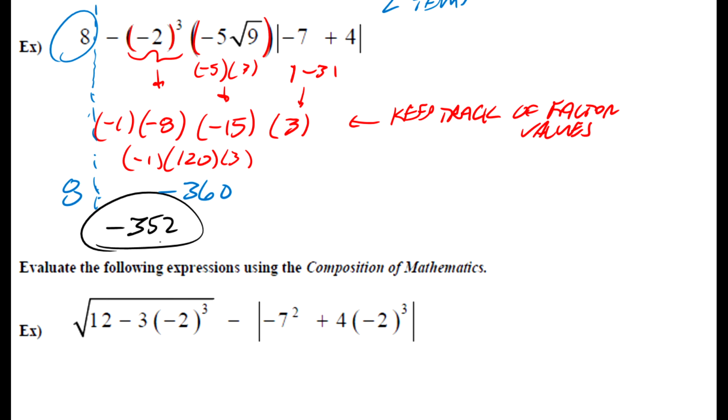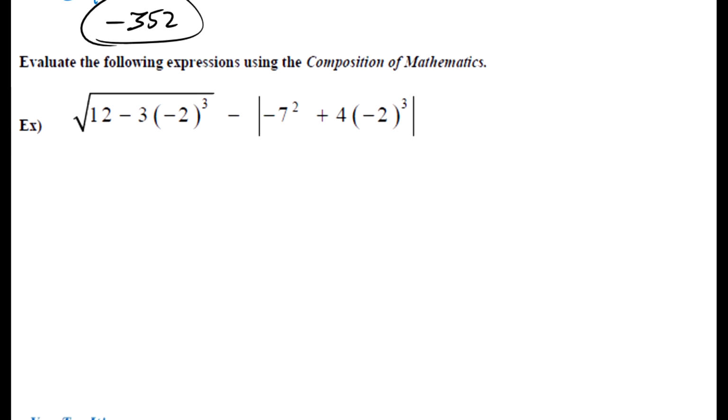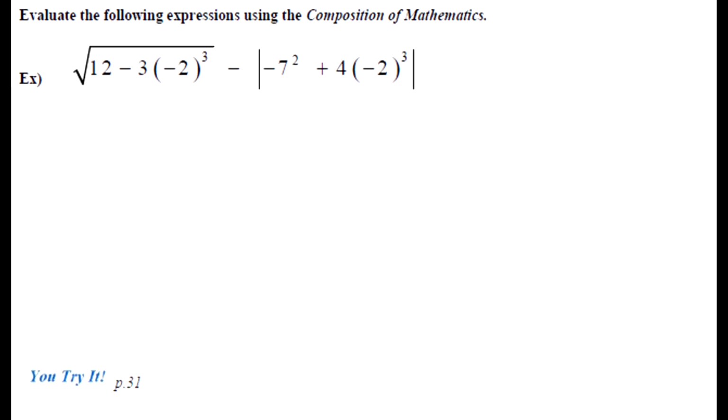Okay, the more complicated the expression gets, the more important it is to keep track of the composition. So in this expression, I know it's big, but I have 2 terms. So it's important for me to eventually get the value of each term.